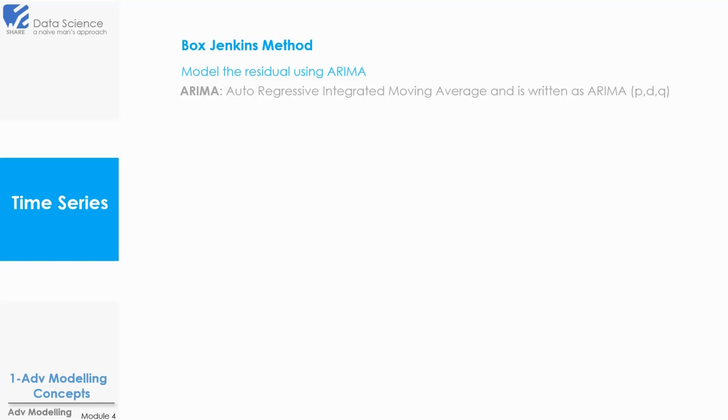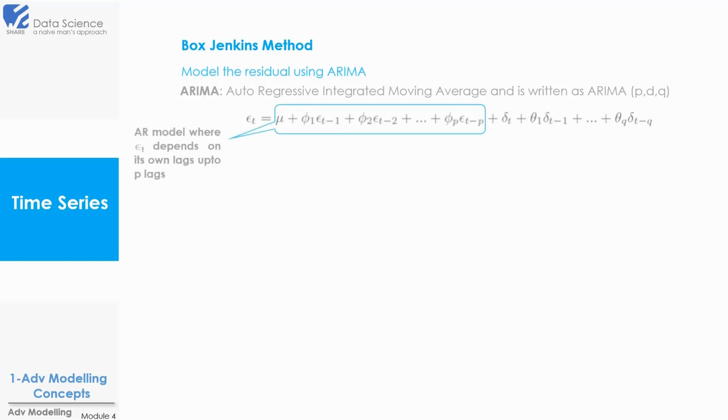Mathematically, we can write the ARIMA model by using this big equation as shown here. This part of the equation is called the autoregressive model, and this part of the equation is called the moving averages model. And epsilon t is the residual series. Now if you refer to the AR model given in the above equation, you can see that epsilon t depends on its own lags, that is epsilon t minus 1, epsilon t minus 2, up to epsilon t minus p.